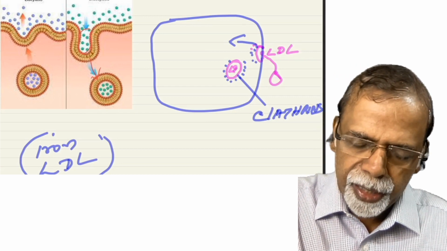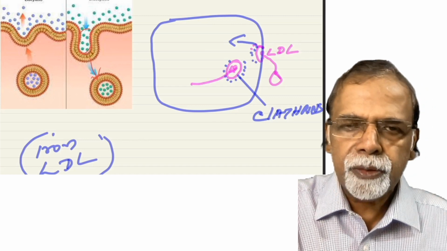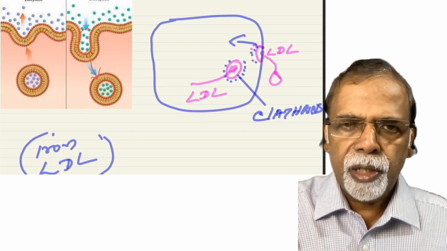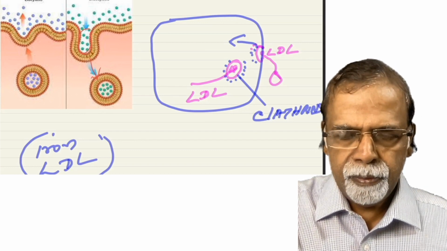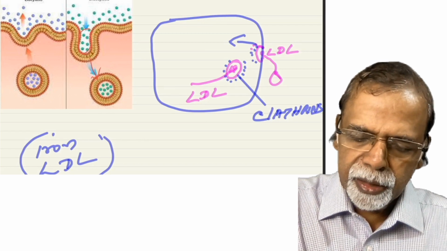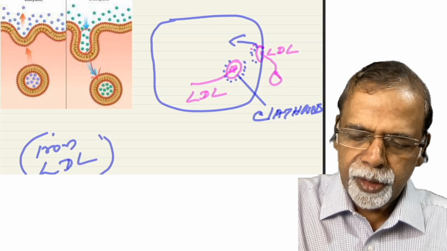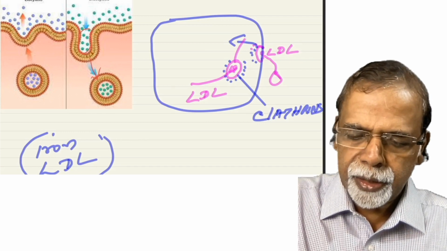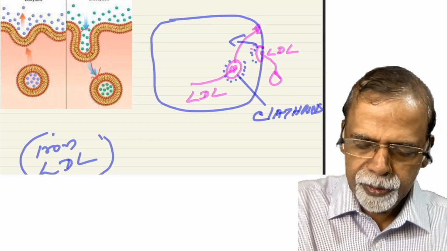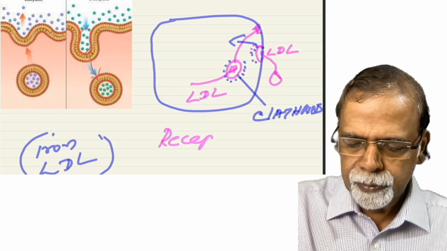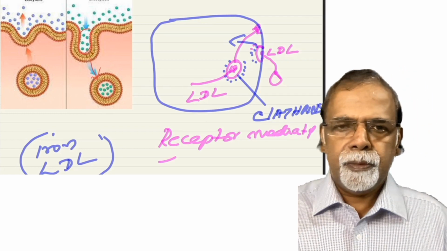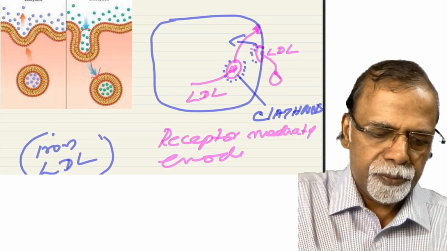From this, the LDL is used for metabolism, converted to VLDL and other materials, and the LDL receptor is sent back, it is externalized. So this is called the receptor-mediated endocytosis. Hope this point is clear to you.